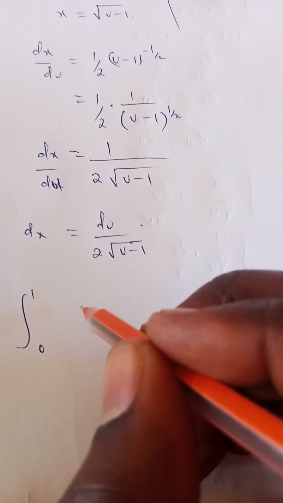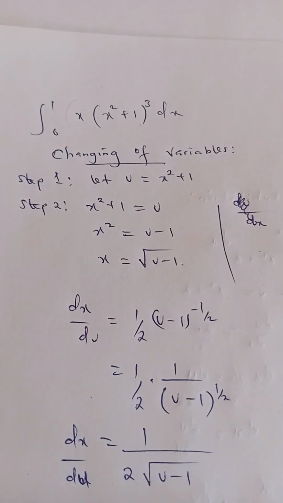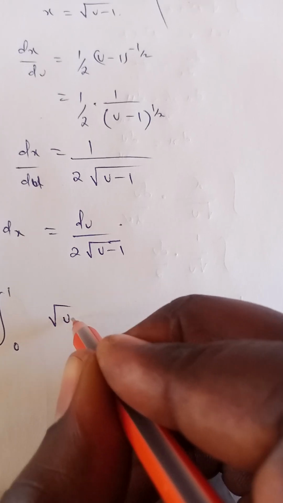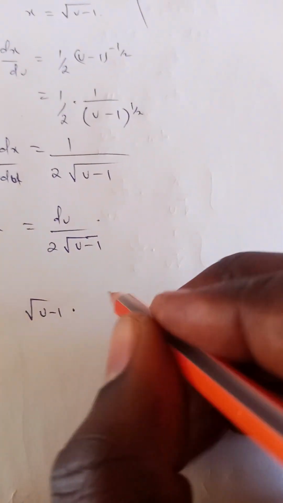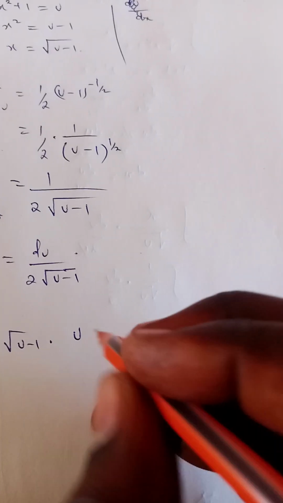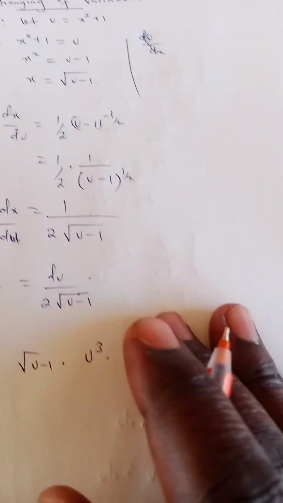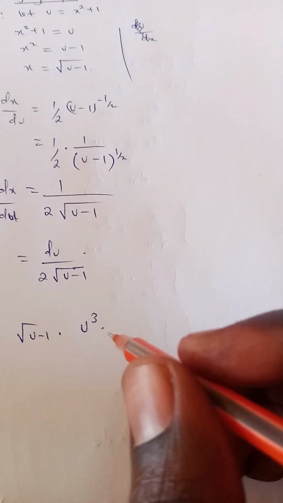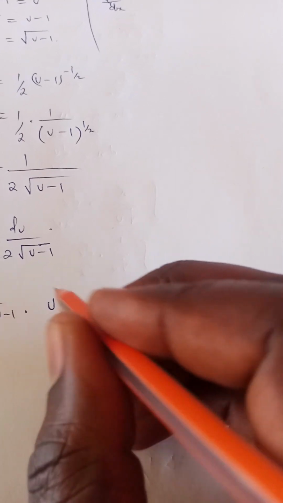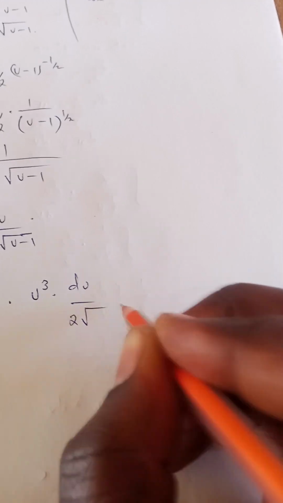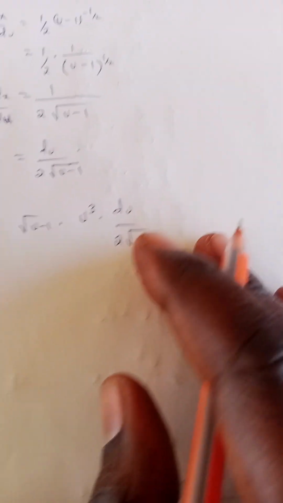So where there is x here, we're going to put this, multiplied by u to the power of 3. Where there is dx there, we're going to put du over that. So we say dx is equal to du over that.